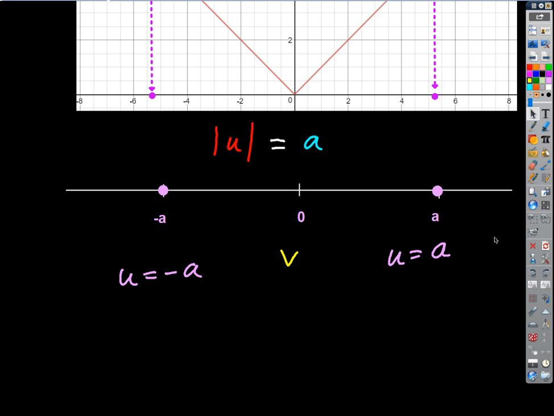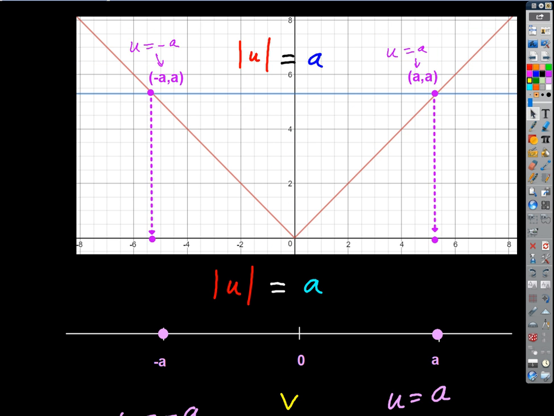Okay, make sense? Okay, so whenever we start off with something like this, the absolute value of u equals a, the solutions are going to be either u equals negative a or u equals a, and the way you remember it is from this picture, right? Because that's going to be where this horizontal line intersects the V. Okay, make sense?